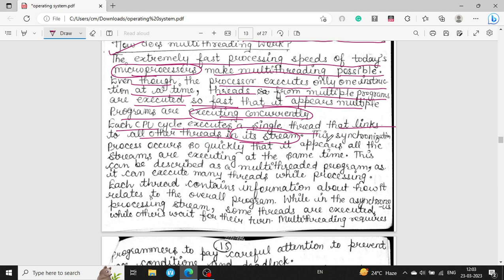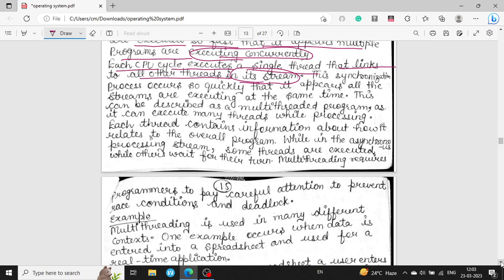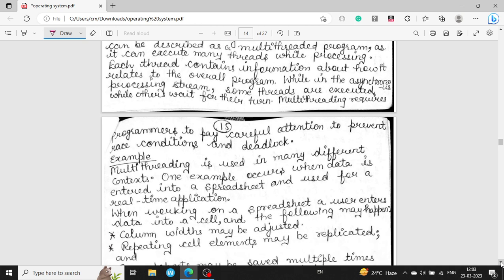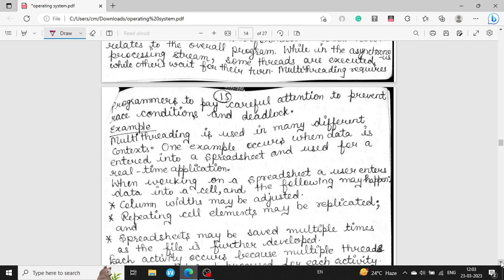Multi-threading requires programmers to pay careful attention to prevent race conditions and deadlock, so that a race condition or deadlock condition cannot be created.